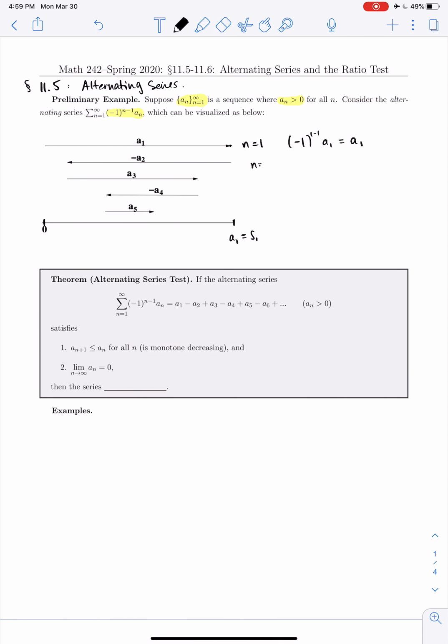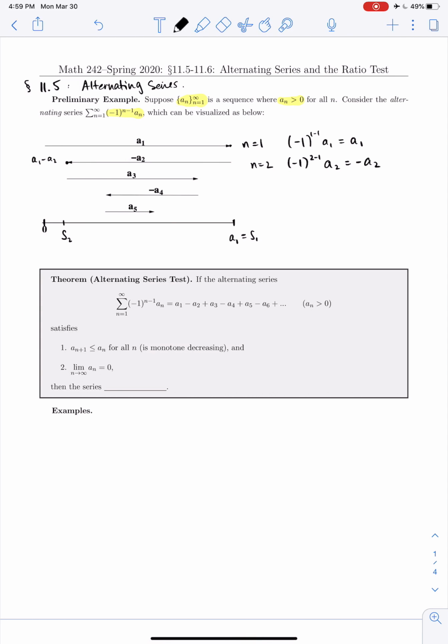When n is 2, that second term in your series is a minus a sub 2. And if you add the opposite of a sub 2, that's a negative number, and you end up over here. So that is a sub 1 minus a sub 2, which is the second partial sum.